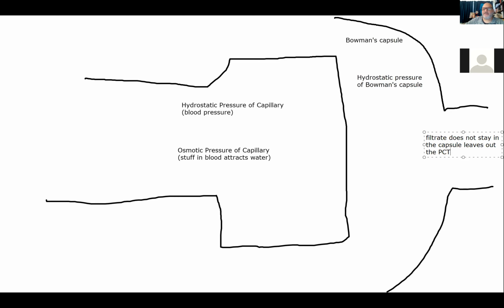As a result, the water and the stuff in the water doesn't stay around to attract water to it. So here in our glomerulus, there is no osmotic pressure of the capillary.